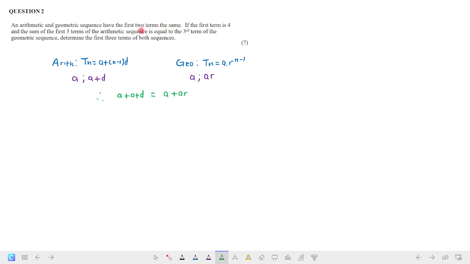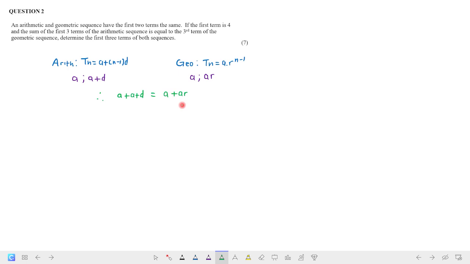Hence I'm saying it is very important for you to read the sentence and then try to understand what it means. But now I'm trying to help you to uncover all the things that are hidden in a statement. Alright, now here we see that a plus d is the same as a plus ar.